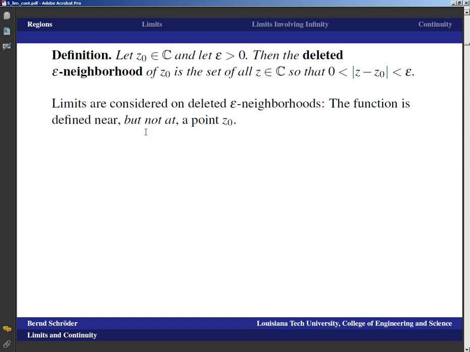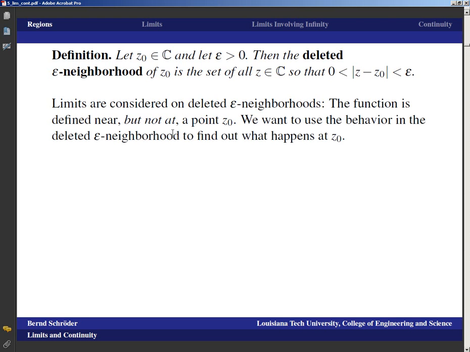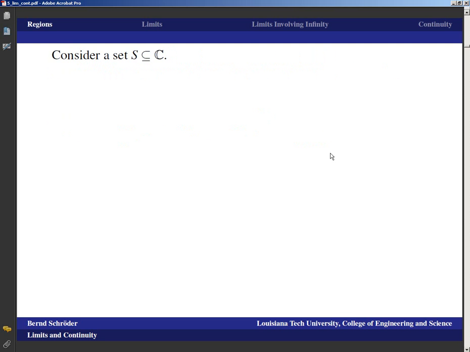Sometimes it's also defined there, but we typically will not care what that value is unless we're talking about continuity. So we want to use the behavior in the deleted epsilon neighborhood to find out what happens at z0, or what we could make happen at z0 if the function is not defined there.